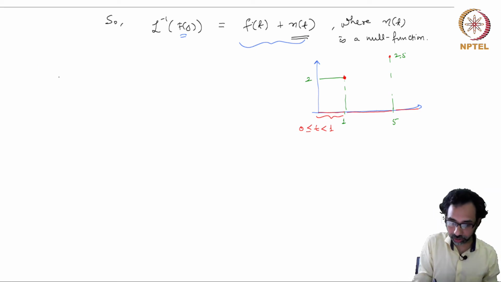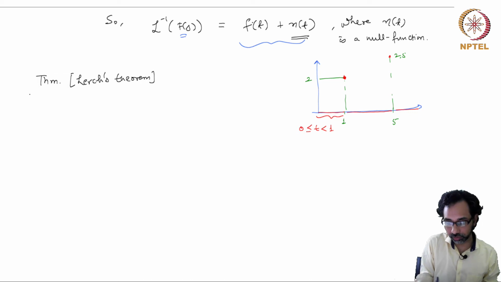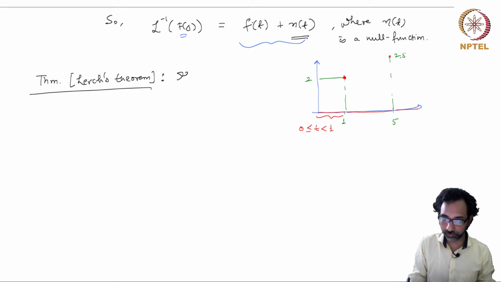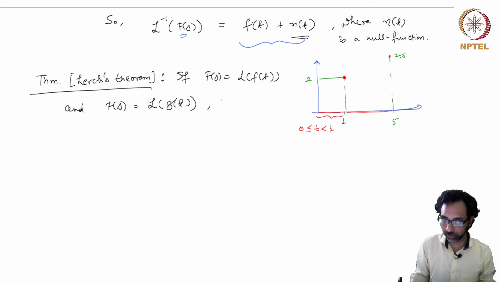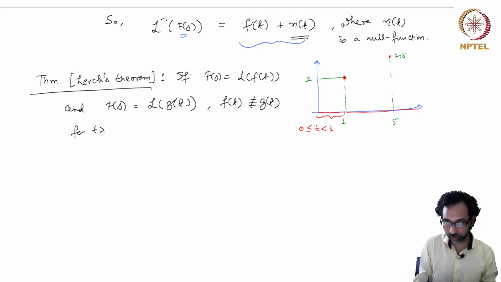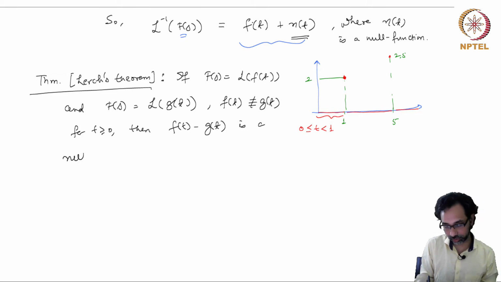This is answered by the following theorem, known as Lerch's theorem, which says that if F(s) is the Laplace transform of some function f(t) and F(s) is also the Laplace transform of some other function g(t), where f(t) is not identically equal to g(t) for t greater than or equal to 0, then f(t) minus g(t) is a null function.